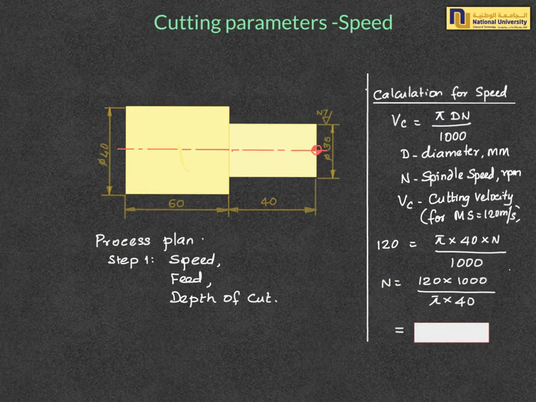As indicated earlier, the cutting parameters which are to be decided before proceeding to the CNC programming are speed, feed and depth of cut.